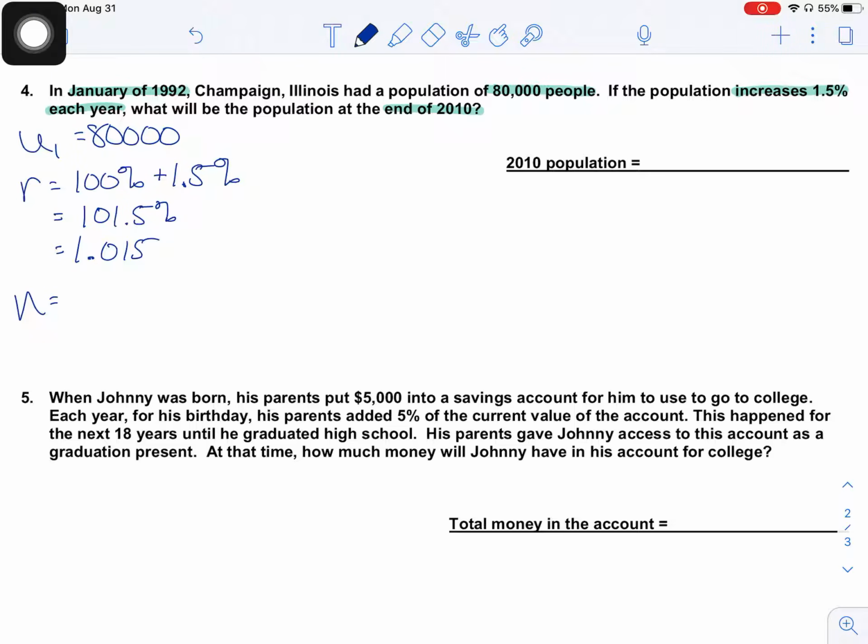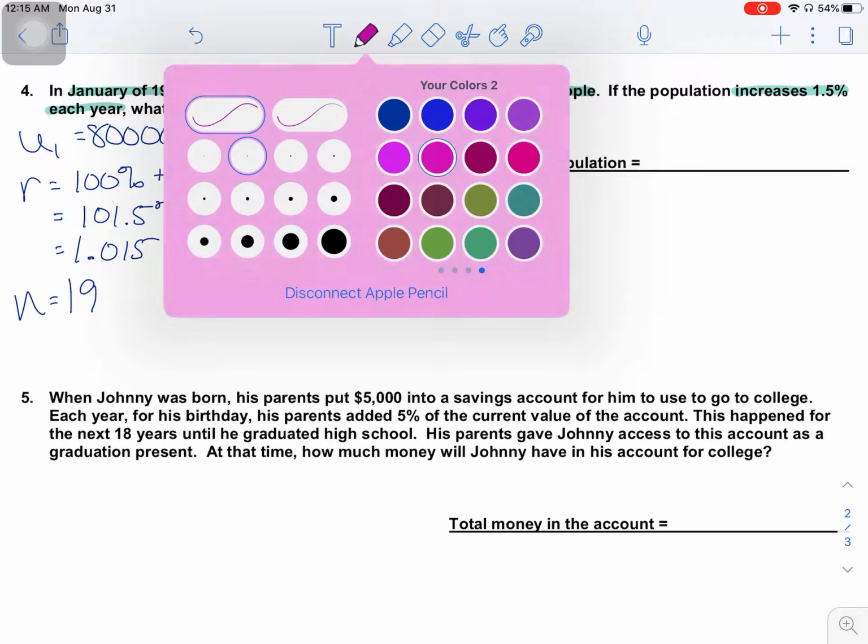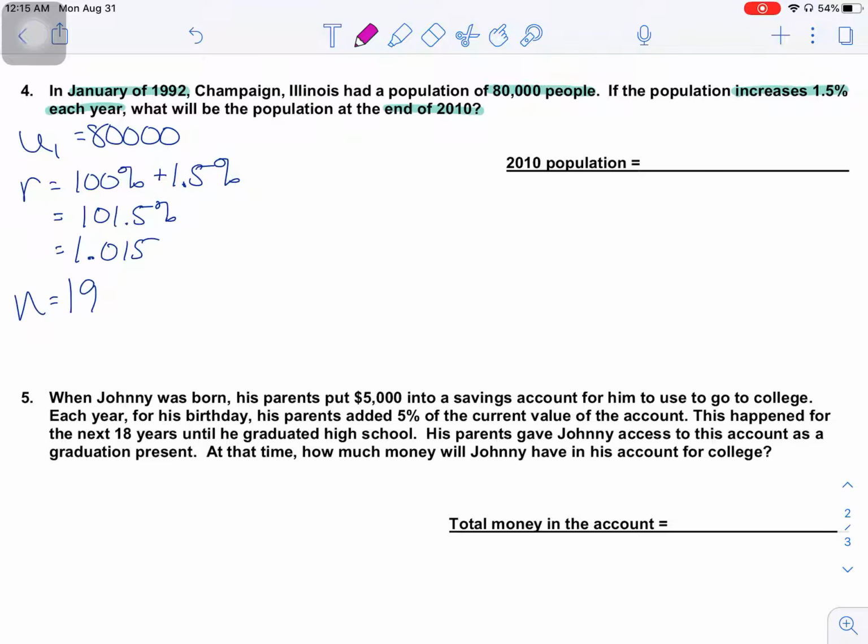But there's an extra year there because we're not starting and ending in the same place of the year. So January of 1992, 18 years would be January of 2010, but I want the end of 2010, so it's actually 19 years total. I know that's a little bit weird. Hopefully it's okay.